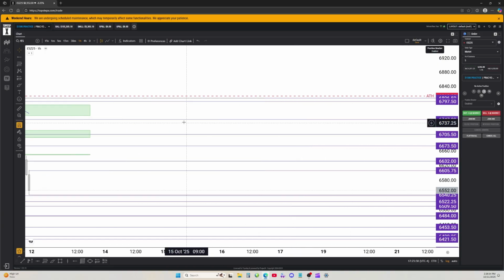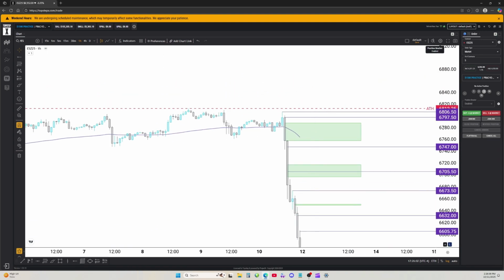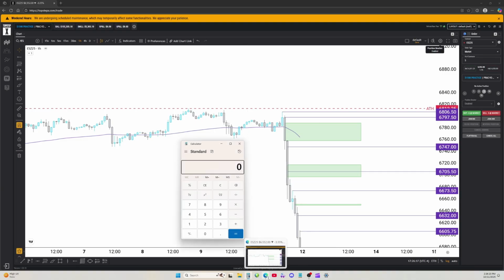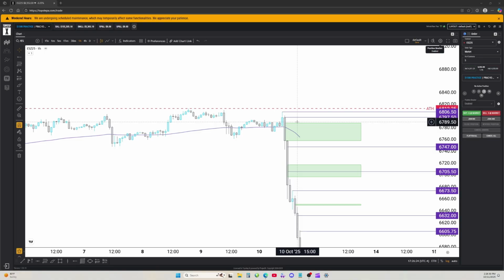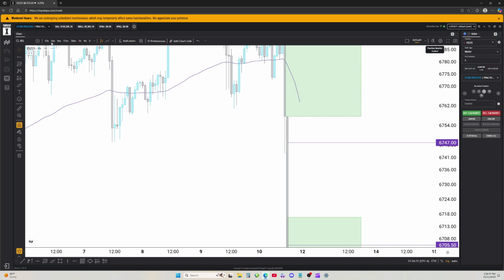Study the terms. Learn what a tick is. Learn what a point is. Learn how much a tick move is, how much a point move is. So make sure you're on that. You got to know that each tick, which is this.